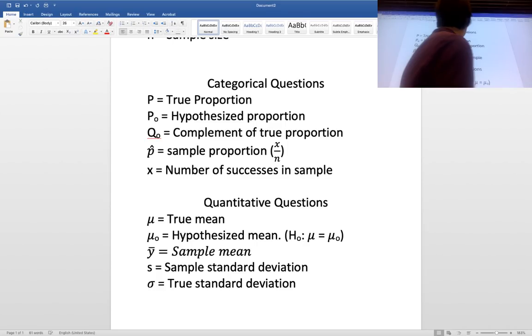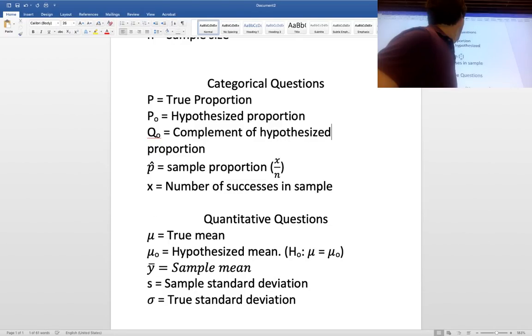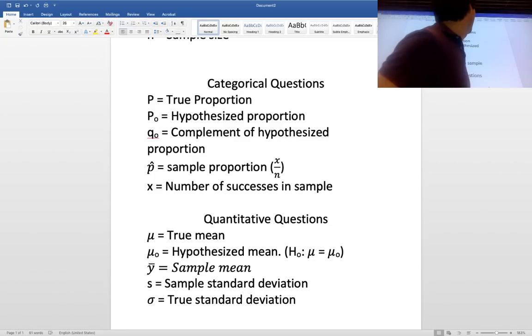It should be hypothesized. Yes, it could be small, don't worry about that too much. We went a little bit big on the text there, so let's decrease that. So Q naught is the complement of the hypothesized proportion.